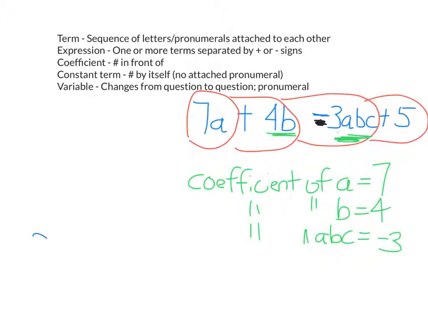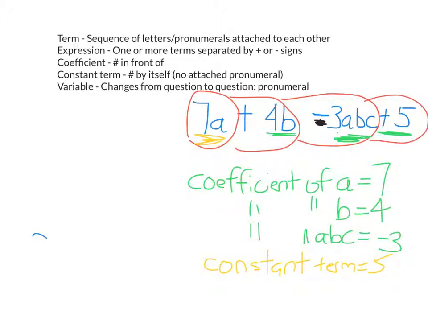So I said that numbers by themselves can constitute a term. They do constitute a term, and in our expression here, we have a 5 by itself. That's what's meant by constant term. So in this expression with 4 terms, the constant term is equal to 5. A constant term is just a number that has no pronumerals. You can see 7A is not a constant term, for example, because it does have a pronumeral.